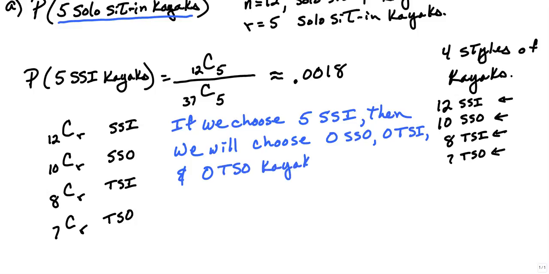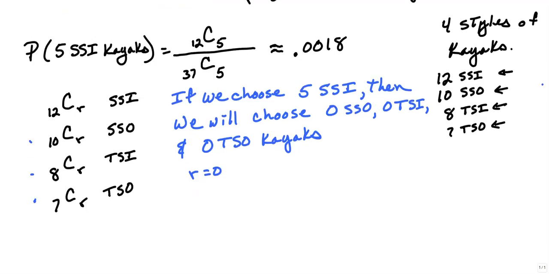Which means that for all 3 of these that I've just put dots next to, R is going to be equal to 0. And there's a reason that I'm doing this, and let me show you.